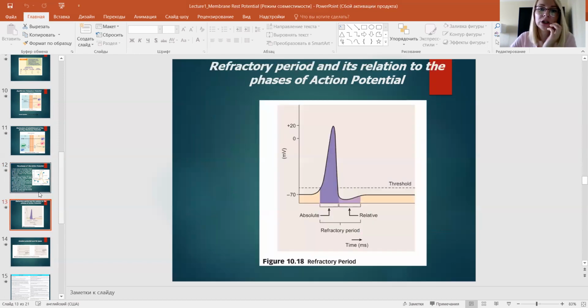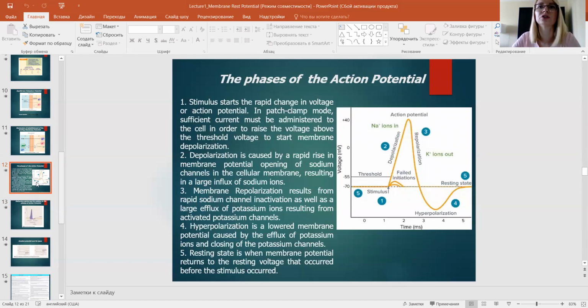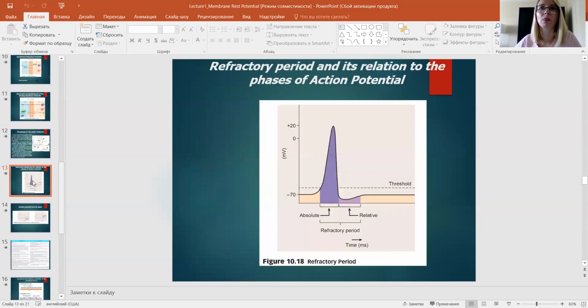An action potential occurs only if the stimulus is able to depolarize the cell membrane to the threshold level. Such stimuli are called threshold stimuli. The threshold level is about 15-25 millivolts lower than the membrane resting potential for most excitable tissues.